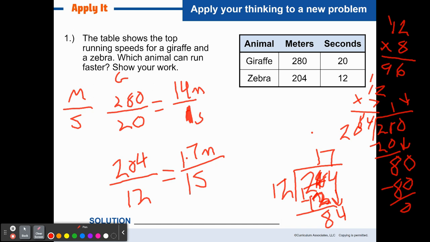That was a slip up. So 17 meters per second or 14 meters per second. Which one is faster? And you're going to write your answer right here on this line. Make sure that you show all of your work.